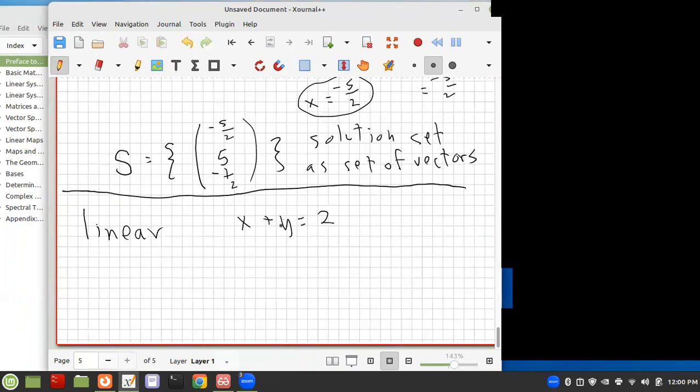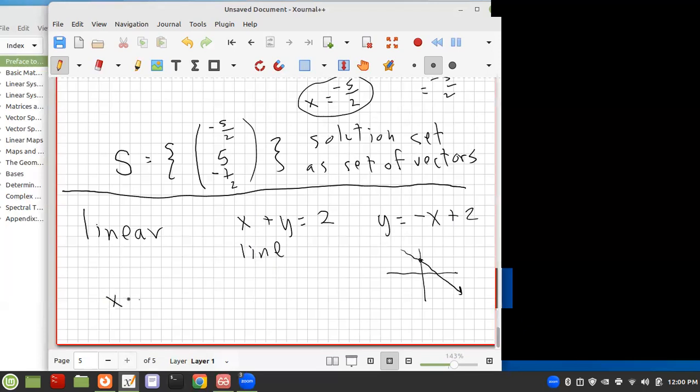We think of it as linear because you're probably familiar with it: if I wrote this as y equals -x plus 2 by subtracting x, you think, okay, this is a line. If I graphed the points x, y in the plane, it would be a line with slope -1 and y-intercept 2, right? So it would look something like this. So if I have two variables, the solution set is a line.